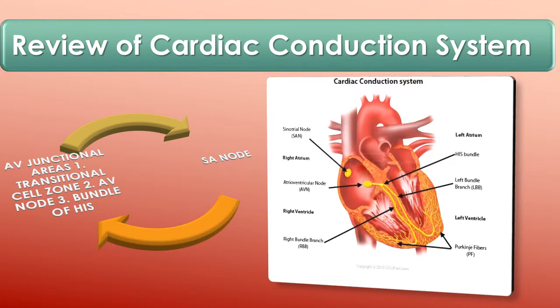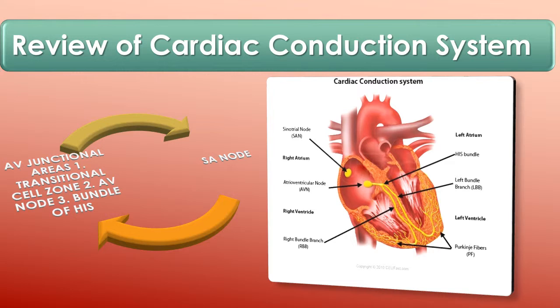Let's now specifically review the specialized cells that are responsible for this conduction system. In the cardiac conduction system, specialized cells are responsible for the generation and conduction of electrical impulses that cause atrial and ventricular depolarization.